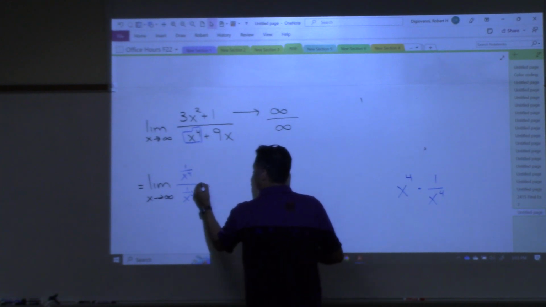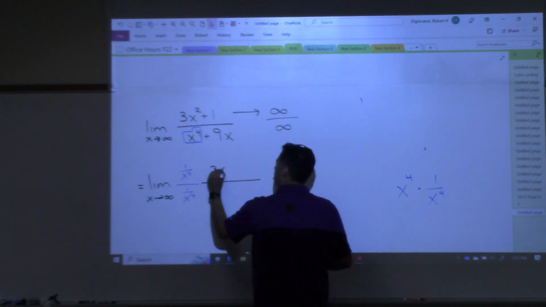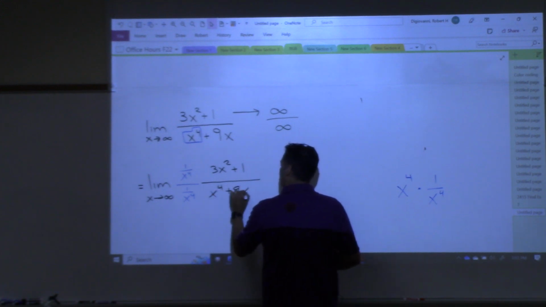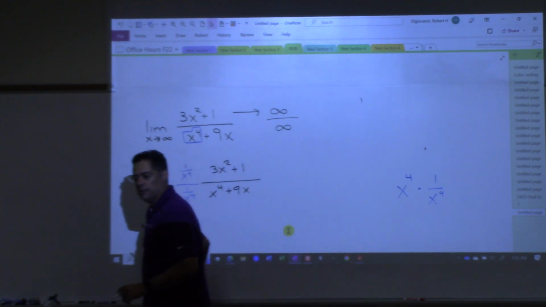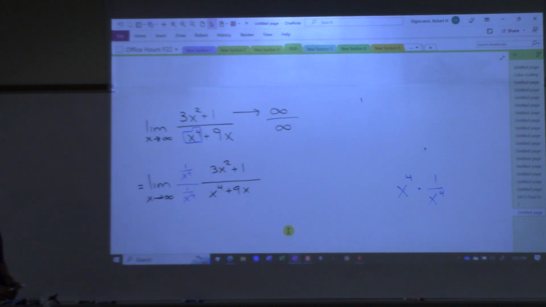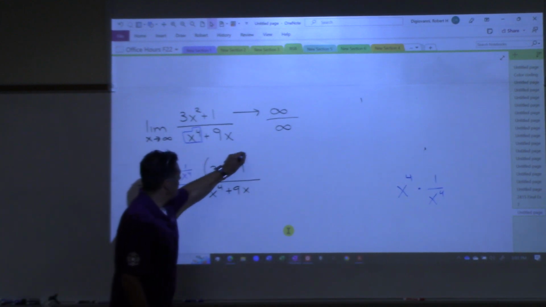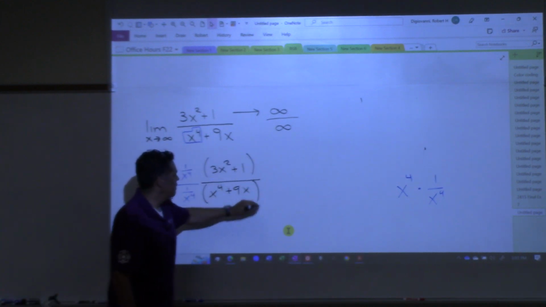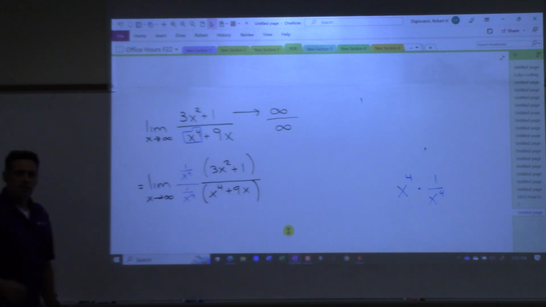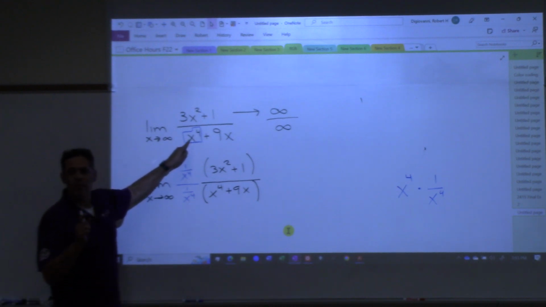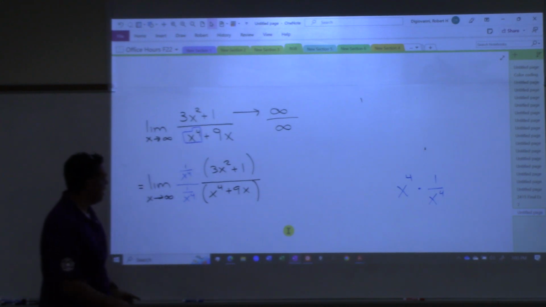I'm sticking that in front of what I had, which was 3x squared plus 1 over x to the 4th plus 9x. The reason I'm doing this is because I wanted to turn this right here into a number. I'll revisit why in a moment, but let's see if we've achieved that.